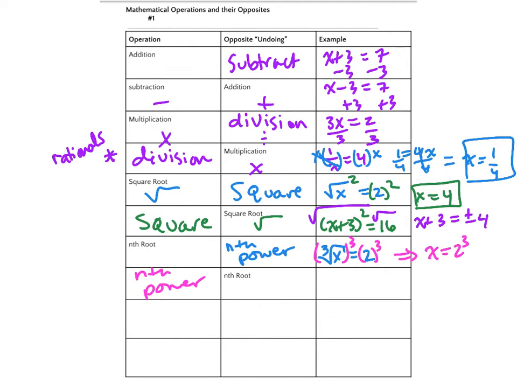Okay, so if I had, for example, x to the third power equals, what's a nice number? 3 times 3 times 3 is 27. I would take the cube root of that. And then x equals 3. Yeah, okay. So that's that. We didn't really go over those in class, but that's how those are working.